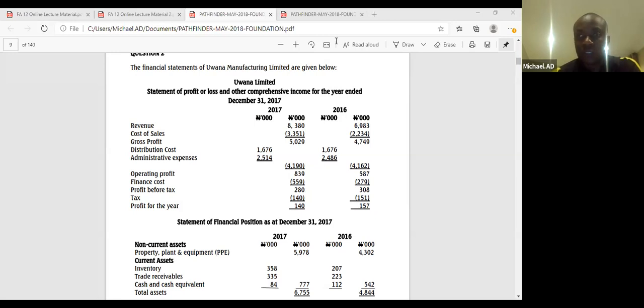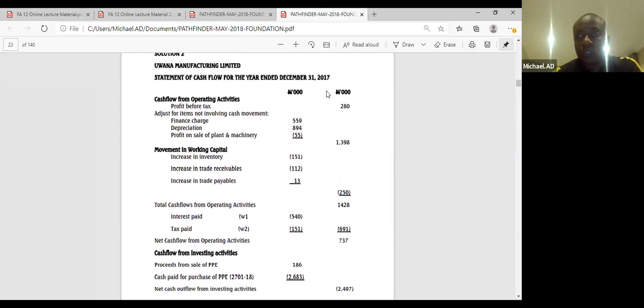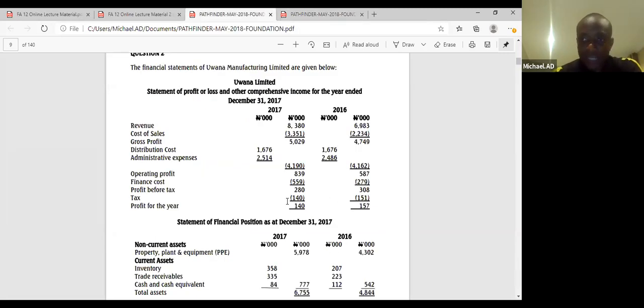140,000 naira, which if we switch back to our solution, we can see that what they pick is actually profit before tax of 280,000 naira. So there are two ways to it. Either you start from profit before tax or from profit for the year.